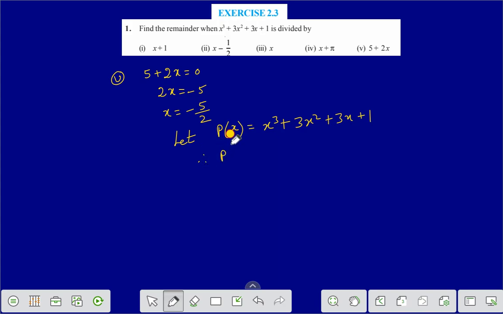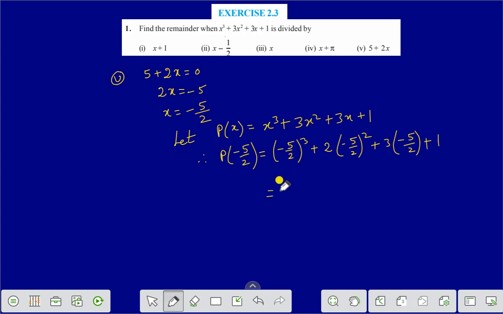Therefore, p(minus 5 by 2) is equal to minus 5 by 2 whole cube plus 2 into minus 5 by 2 whole square plus 3 into minus 5 by 2 plus 1.